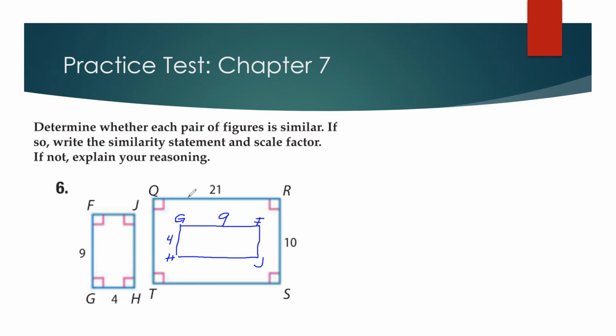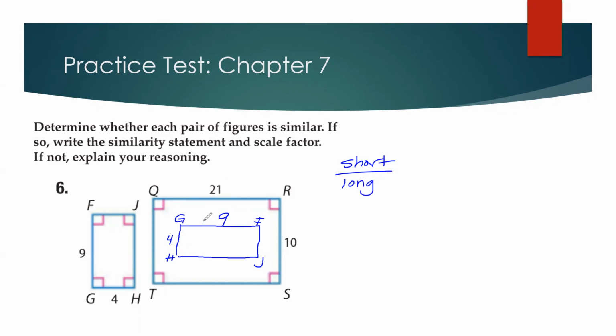Okay, so now you can see that this long side corresponds to this side, and this short side corresponds to this side here. Okay, so I'm comparing the short side to the long side here of my rectangle.